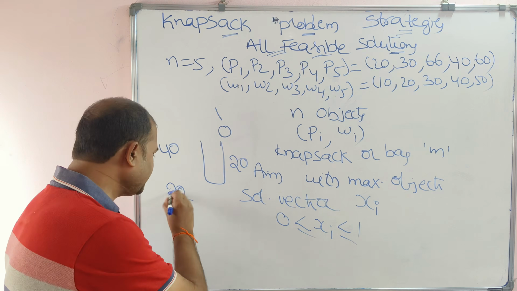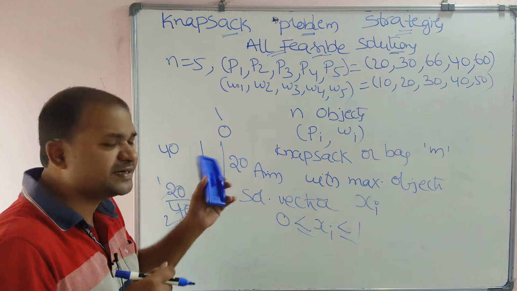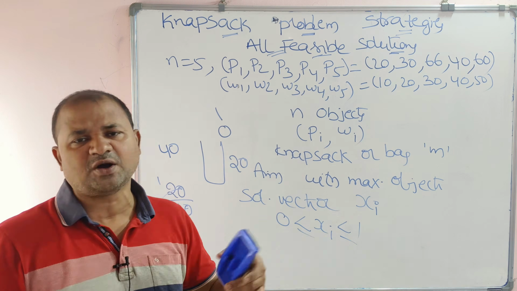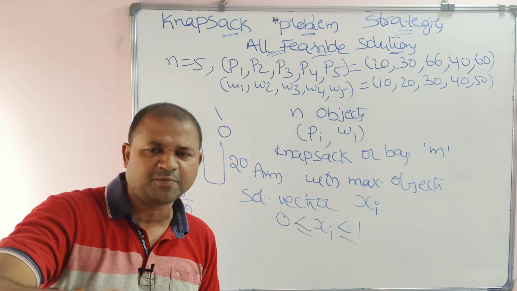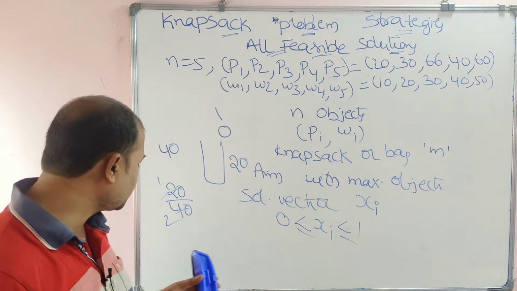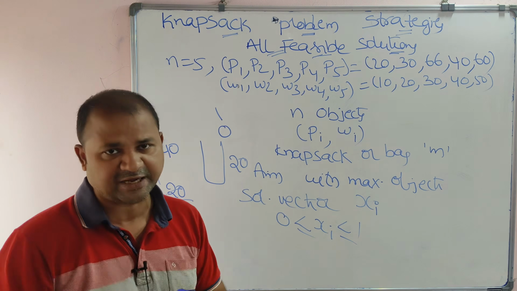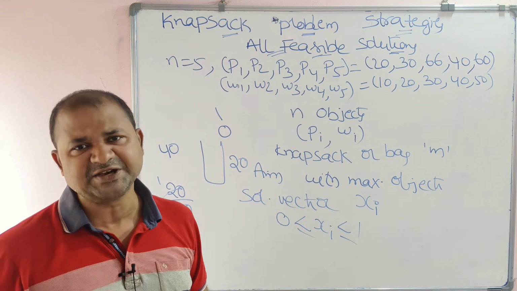So 20 by 40 means 1 by 2. So we can place only half of the object in the knapsack. That's why this problem can also be called the fractional knapsack problem. So we can place the entire object, or we can't place the object, or we can place only a fraction of the object in the knapsack. So with maximum profit, we just need to place the objects.